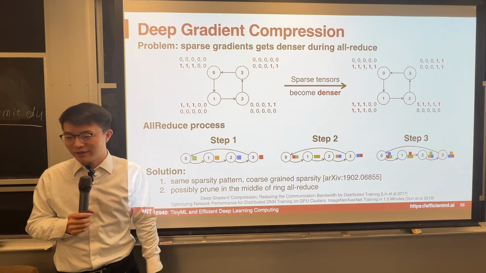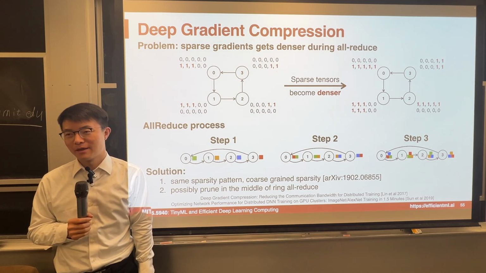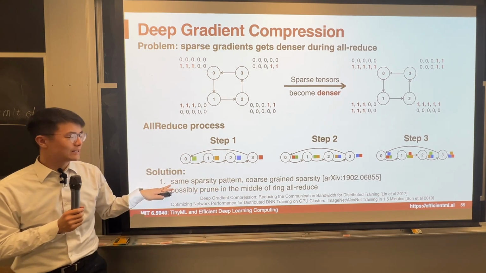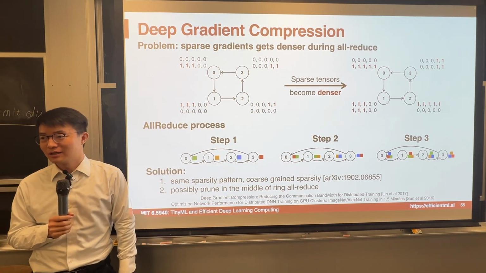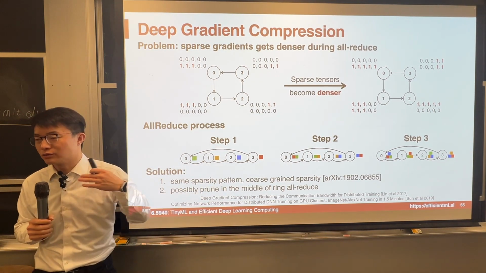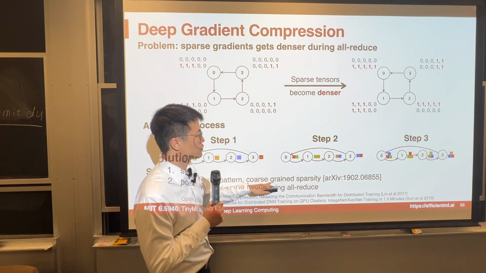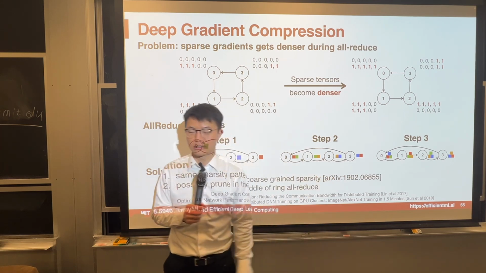Are there ways to alleviate this problem? Remember, we can enforce the same sparsity pattern so that you can do the communication without hurting the sparsity ratio, or use coarse-grained sparsity. Some papers talk about that.